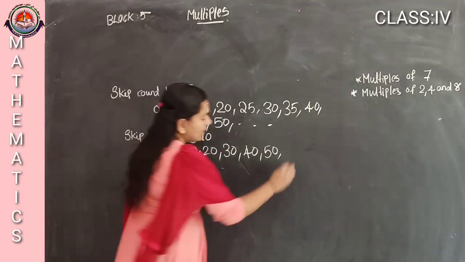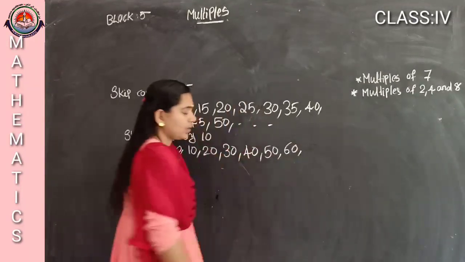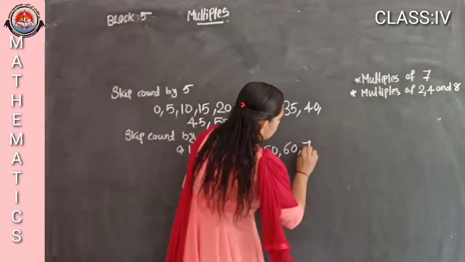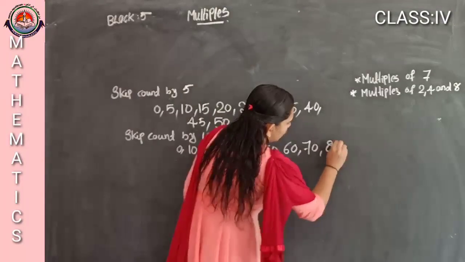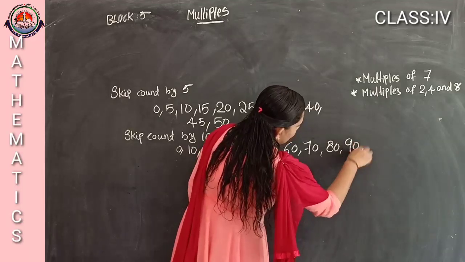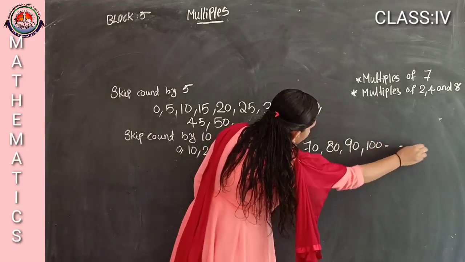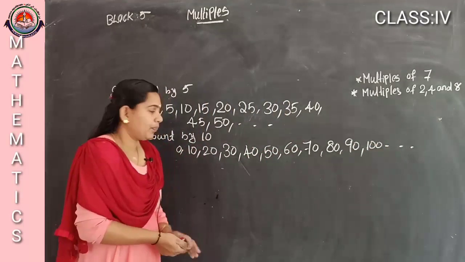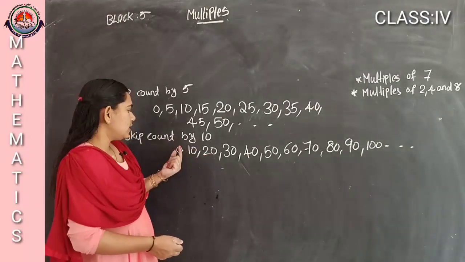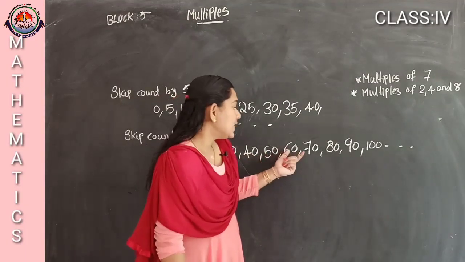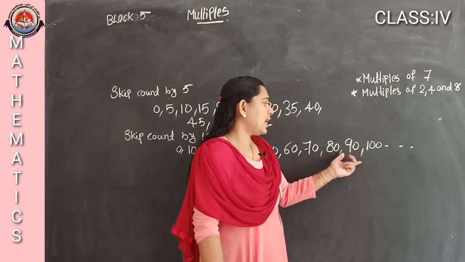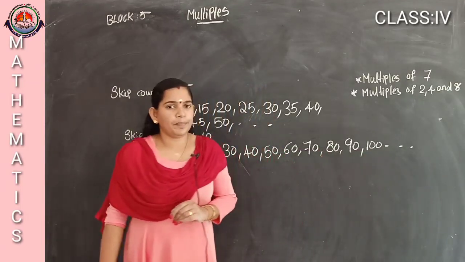Then 60. Then 70. 80. Very good. Then 90. 100, etc. Okay. Skip count by 10 is 0, 10, 20, 30, 40, 50, 60, 70, 80, 90, 100.